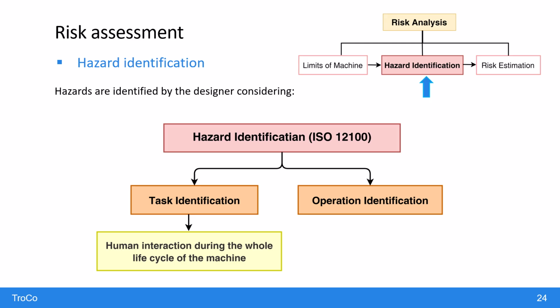Task identification includes all human-machine interactions, such as setup, testing, programming, operation modes, maintenance, and cleaning. It's also important to recognize additional foreseeable hazards, which are not directly tied to tasks. Operation identification will be covered in the next slide.